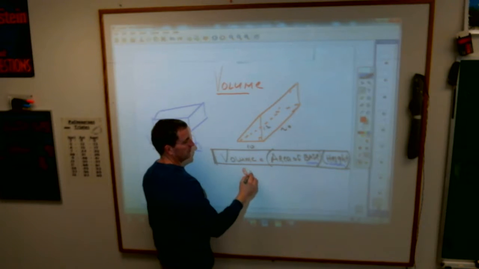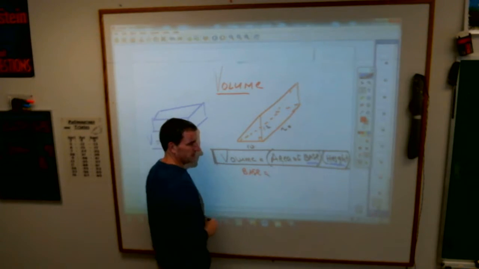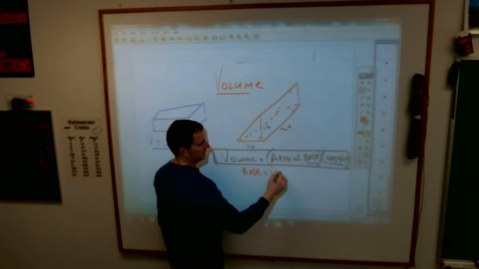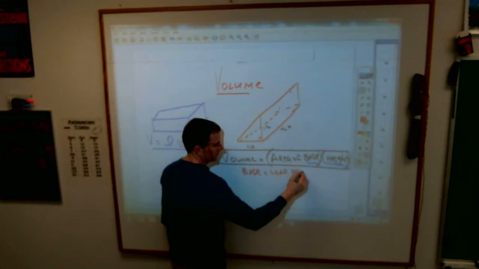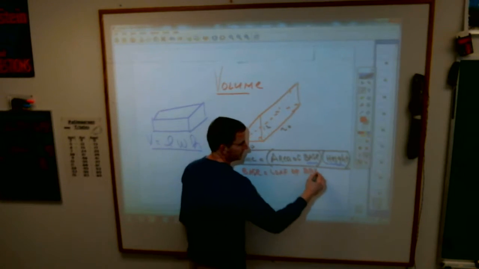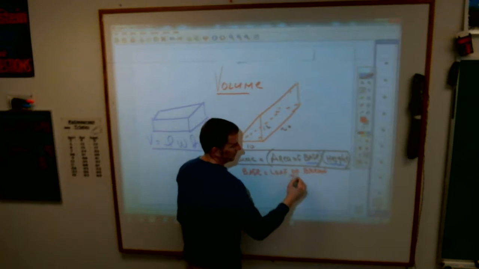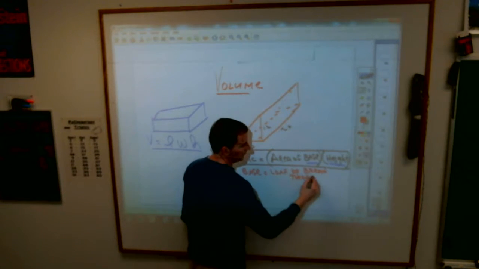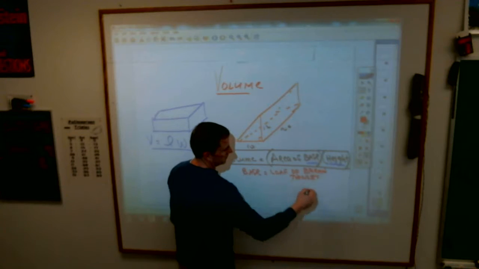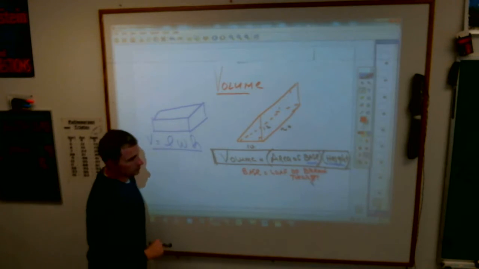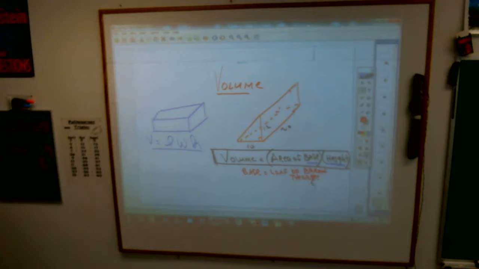For you to figure out what the base is, I think I've talked about this. This is my loaf of bread theory. If you're looking for the base of that shape, we too often think that base means something that it's sitting on. Unfortunately, that triangular prism is not really sitting on its base.